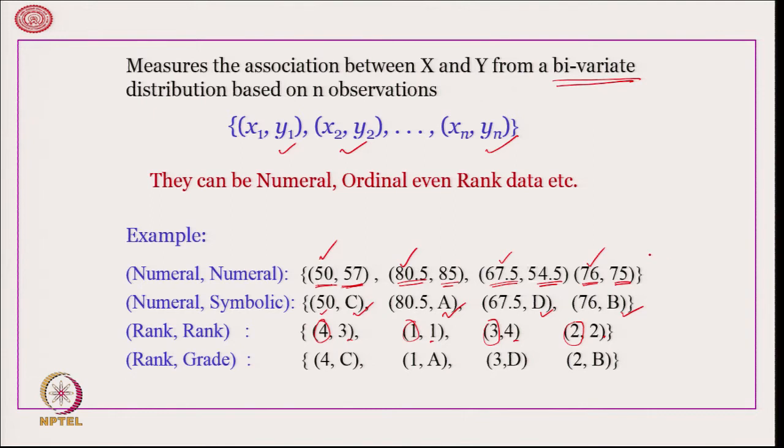In short, we want to say that the data can be in many different forms, they need not be numeric, and therefore, in such cases the correlation coefficient that we discussed cannot be computed, because it needs arithmetic manipulation of data with the help of the formula that we have given earlier.